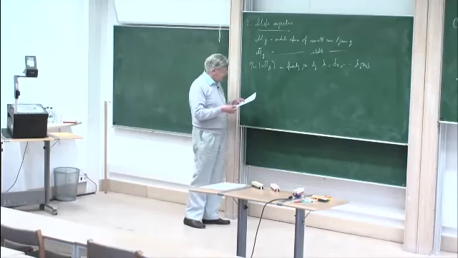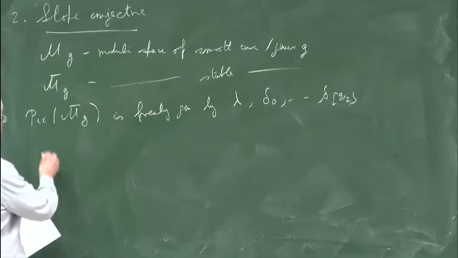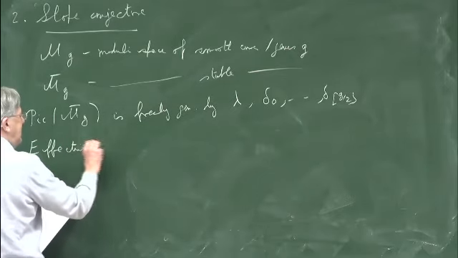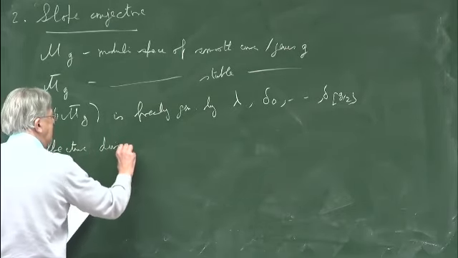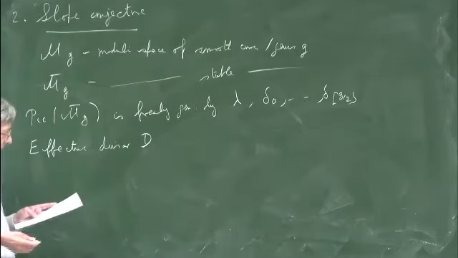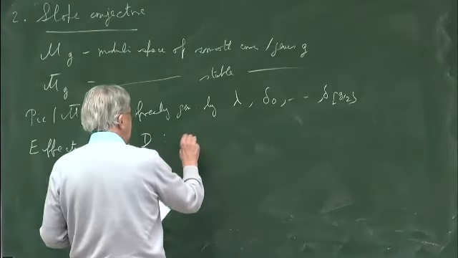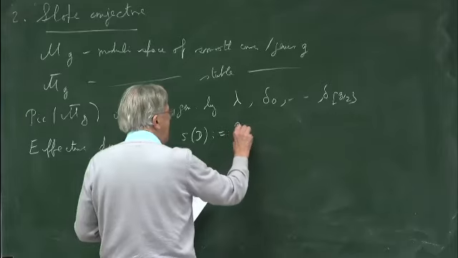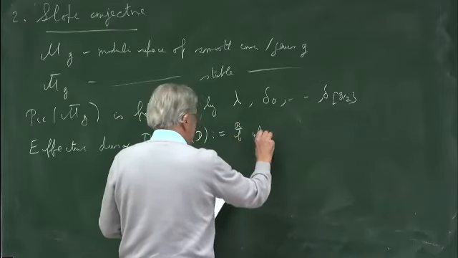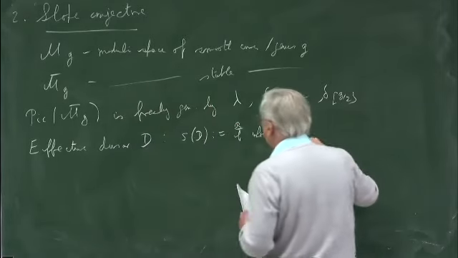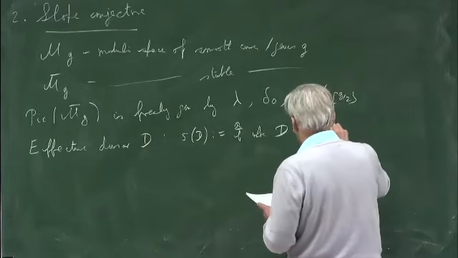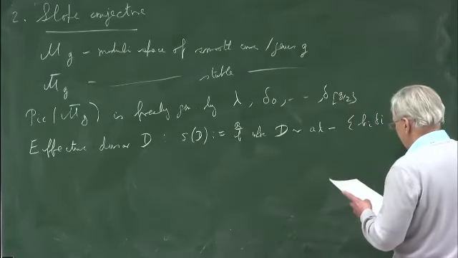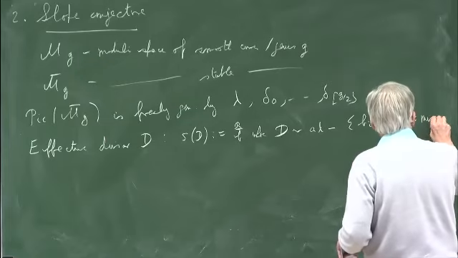Now, suppose we consider effective divisors D. Then the slope of D, s(D), is defined to be a over b, where D is equivalent to a lambda minus the sum of b_i delta_i, and b is the minimum of the b_i's.